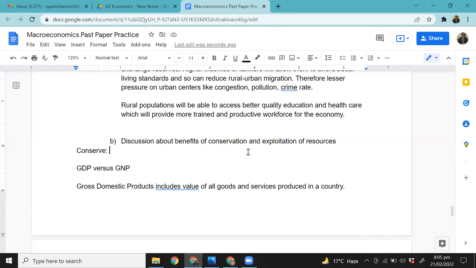Are you getting me? So conservation means conservation of resources, if you are looking for an exact definition, to the extent that they start depleting.